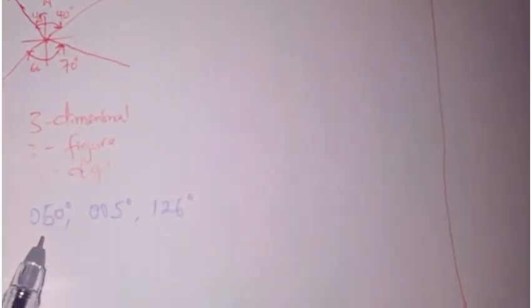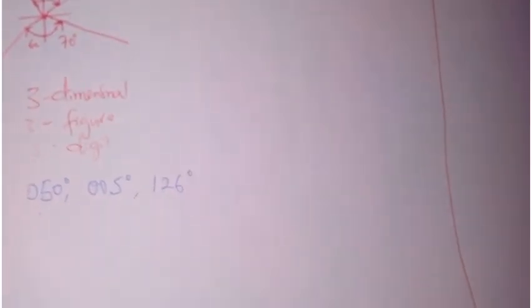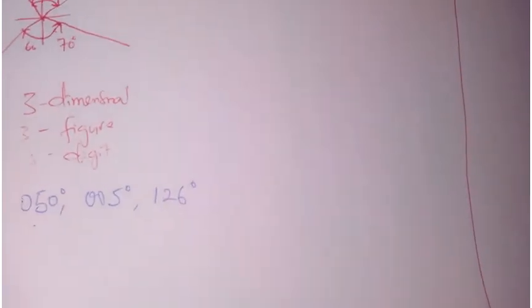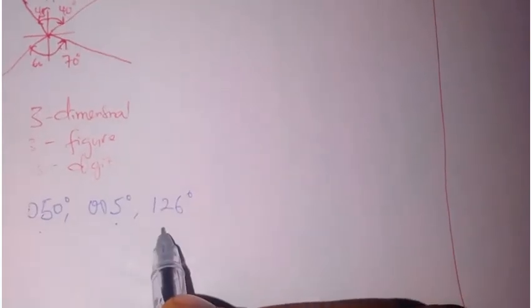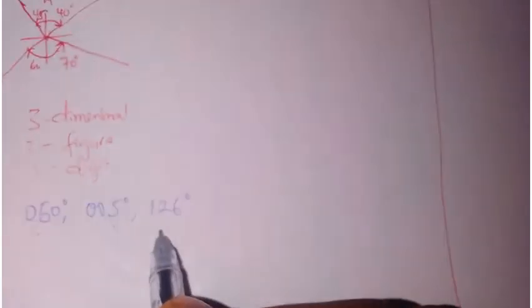So this is how to represent 50 in bearing. This is how to represent 5 degrees in 3-figure bearing. This is how to represent 126 in 3-figure bearing.